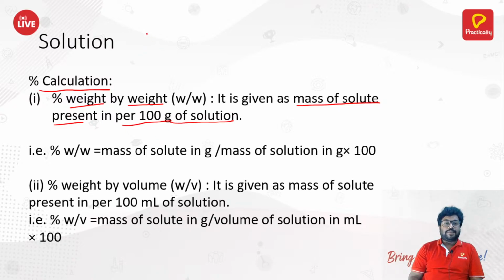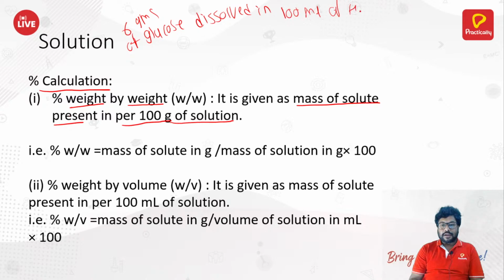For example, if you have 6 grams of glucose dissolved in water, you will call this 6% W by W, weight by weight. That means you have 6 grams of glucose dissolved in 94 grams of water, because 94 plus 6 is equal to 100.